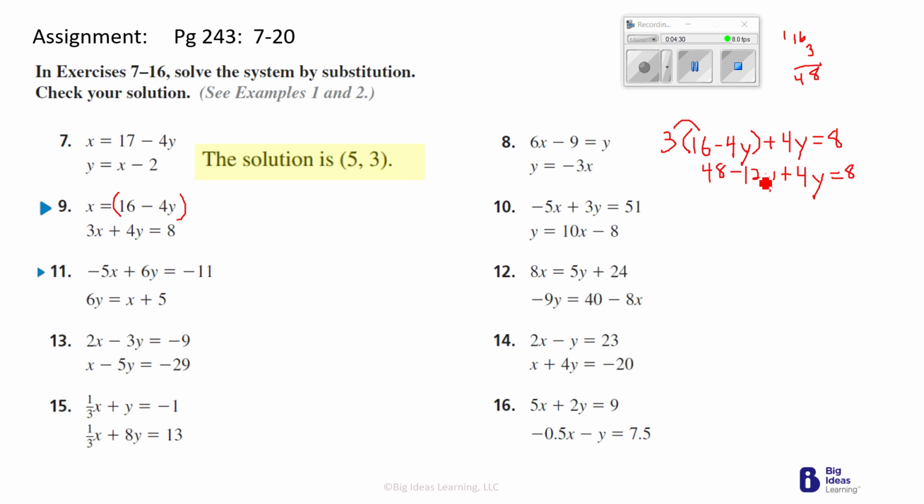All right, we're going to take -12y and add it to 4y. That's going to give us a -8y. And of course, my 48 comes down. So all I did here was combine -12y plus 4y, right? And I got -8y. Now I'm going to combine like terms on opposite sides. So I'm going to subtract 48 from each side.